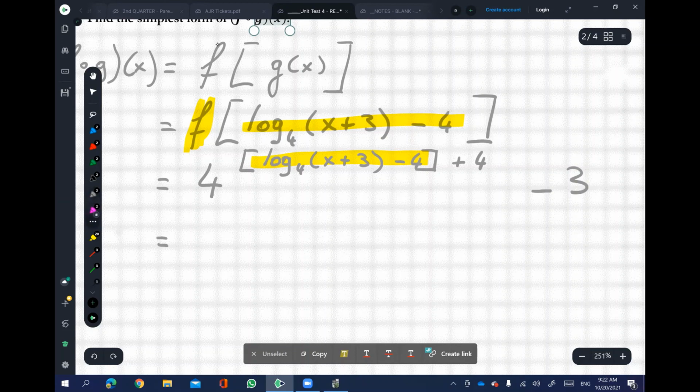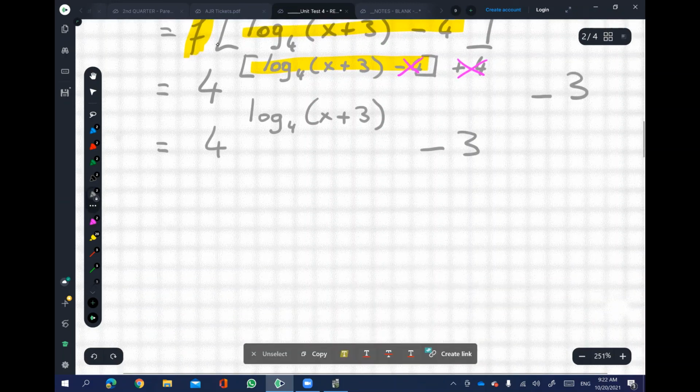For the next line, I can notice that plus 4 and negative 4 cancel. I am left with 4 exponent logarithm base 4 of x plus 3 and minus 3 outside. Now, the exponential base 4 and the logarithm base 4 are inverse operations.